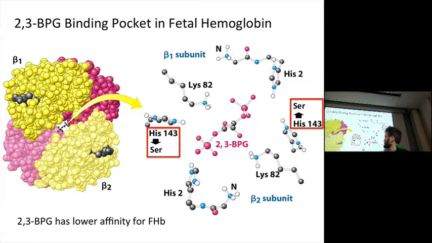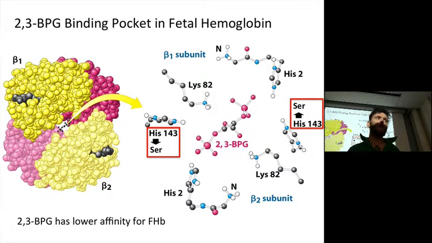And the difference is that the histidine 143 in the gamma is mutated to a serine, thus reducing the overall charge of this binding pocket from a +6 to a +4. All right? And slightly reducing the affinity of 2,3-BPG for that binding pocket. So the T state of fetal hemoglobin in the presence of 2,3-BPG is a little bit less stabilized.